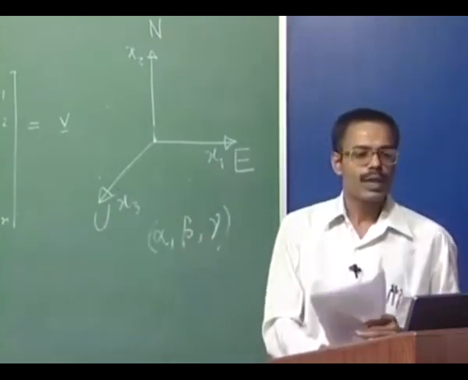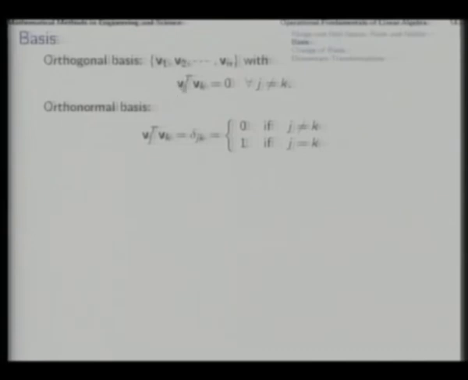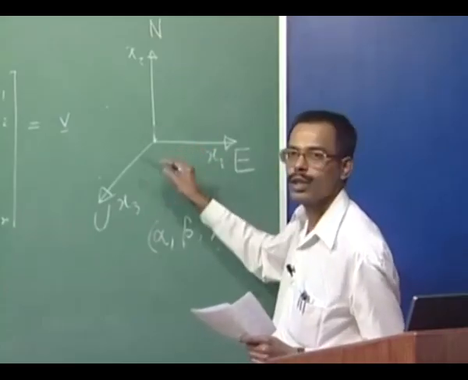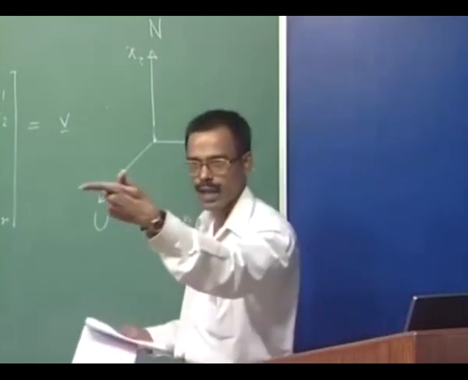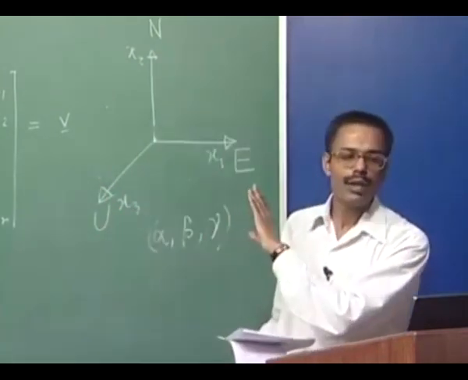Mathematically we can say Vj transpose Vk is equal to 0 when this holds for all j and k which are not equal, that is V1 transpose V2, V1 transpose V3, V2 transpose V3, when all these 3 are 0. That means when all these angles are right angles, we say that this basis is orthogonal.